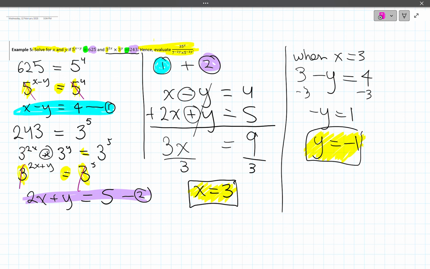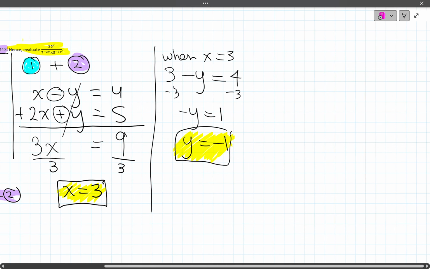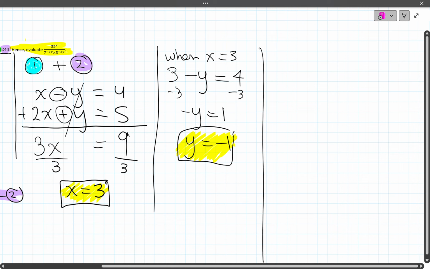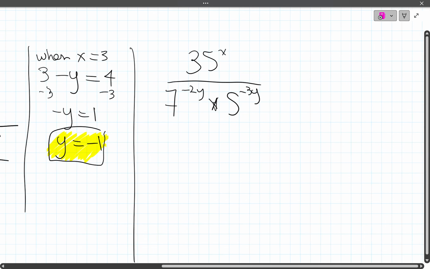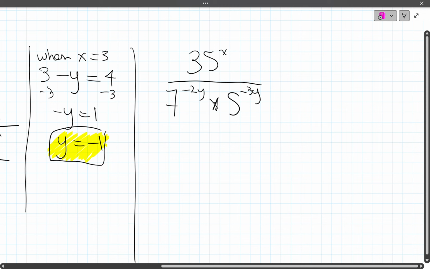Over here it says, hence evaluate this thing. So I'm just going to move over here. I'm going to write that there. So we've got 35 to the x over 7 to the negative 2y times 5 to the negative 3y. And evaluate means we're going to find an answer. So let's see. x equals 3, y equals negative 1.